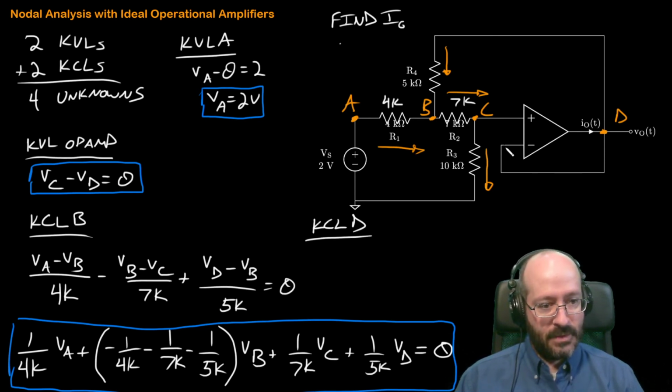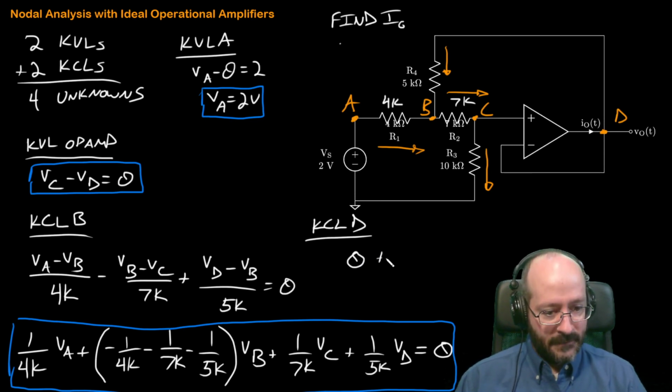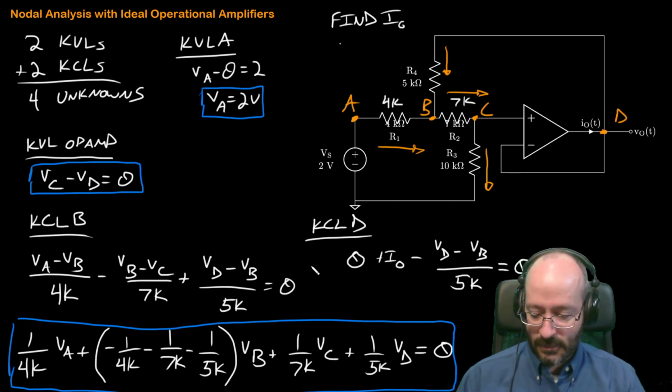Okay, so this current is 0, right? So we'll call it positive, it's 0, right? IO is entering, since it's going to the right, and then this current looks like it's leaving to me, and it's going to be VD minus VB over 5K. That's all of them, so that's equal to 0. Okay, so that's my KCL.